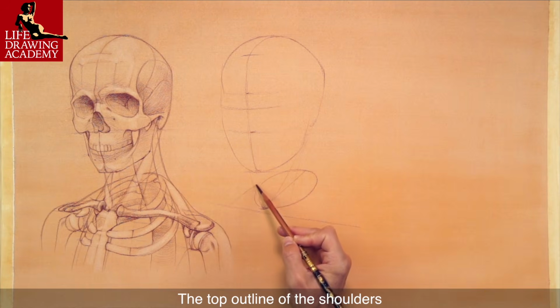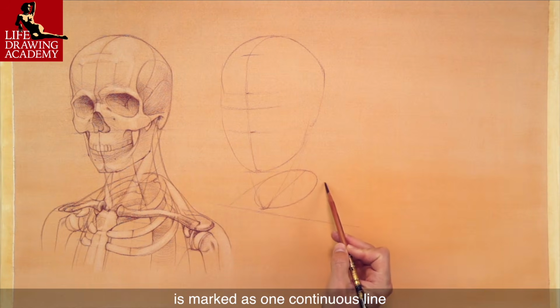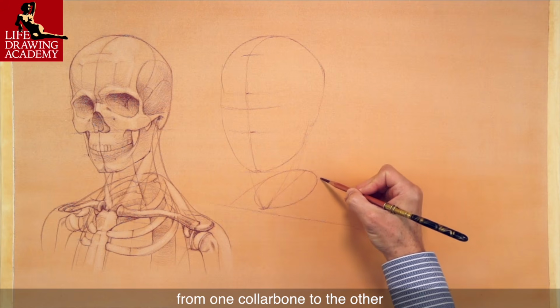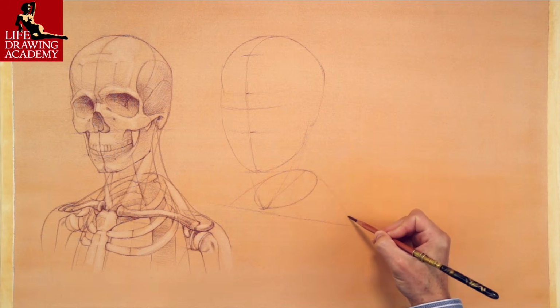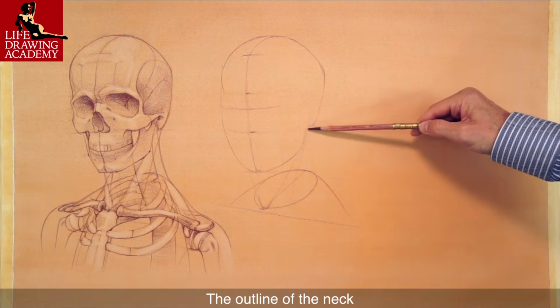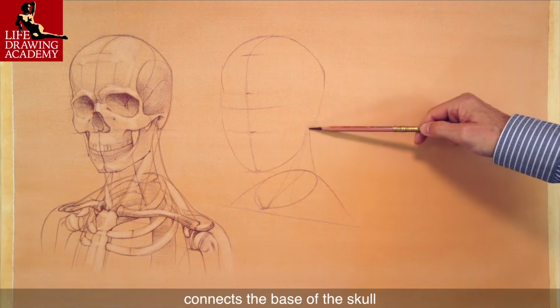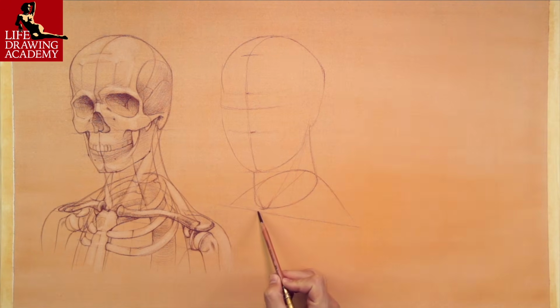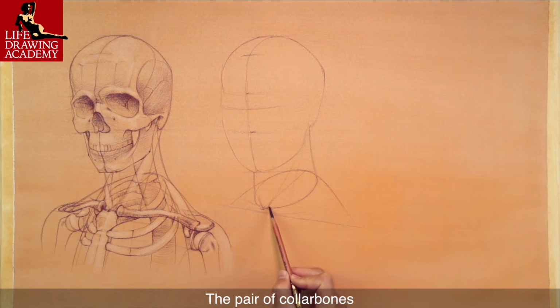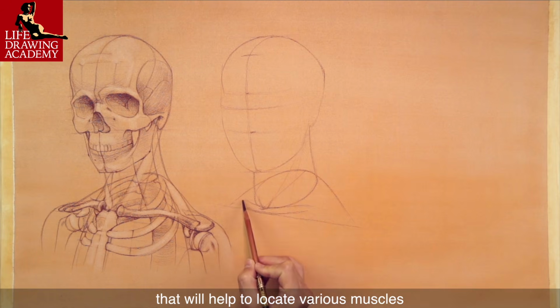The top outline of the shoulders is marked as one continuous line from one collarbone to the other. The outline of the neck connects the base of the skull with the base of the neck. The pair of collarbones is a very helpful landmark that will help to locate various muscles.